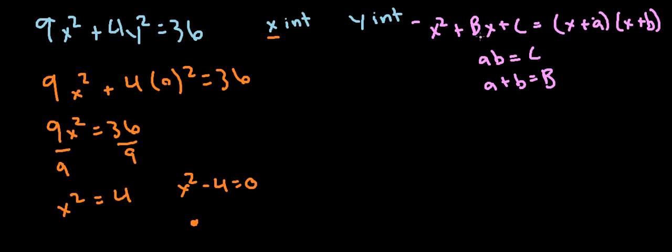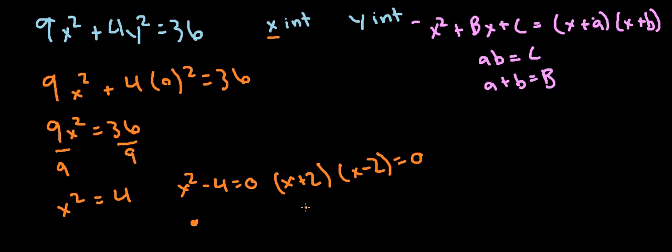The b value in this one is 0 because we don't have anything with an x, but we need two numbers that multiply together to be -4. And we can do that with x plus 2 and x minus 2 is equal to 0. So now we have it fully simplified.